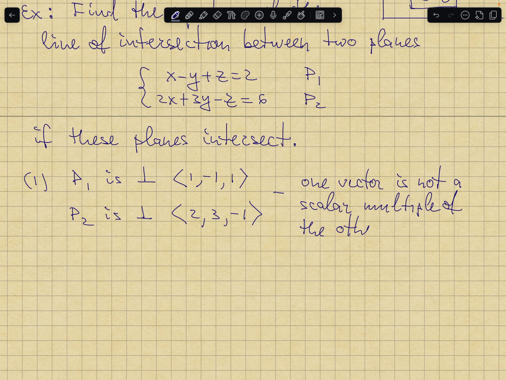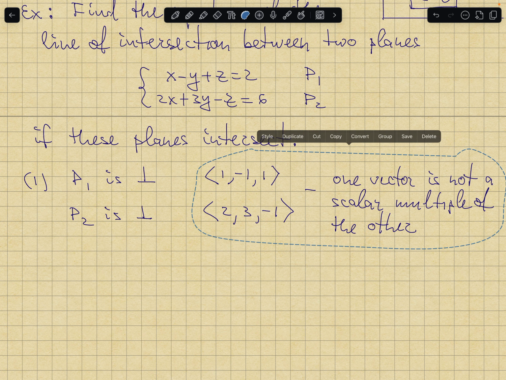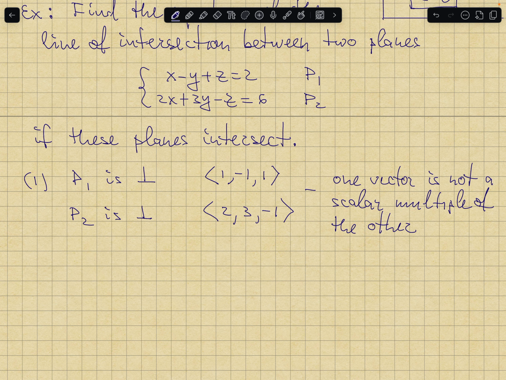and so, in fact, let's give these vectors a name. So maybe this is V1, and this would be V2. And so the consequence of that is that V1 is not parallel to V2, right? Because they're not scalar multiples of each other.